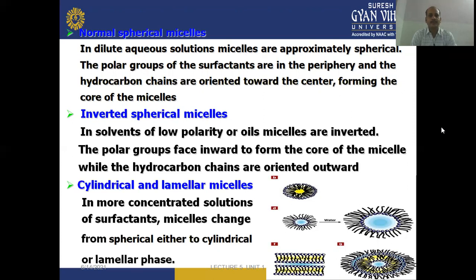The polar groups face inward to form the core of the micelles while the hydrocarbon chains are oriented outward. Cylindrical and lamellar micelles: in more concentrated solutions of surface active agents, micelles can change from spherical shape to either cylindrical shape or maybe lamellar phase. So these are the different types of micelles.